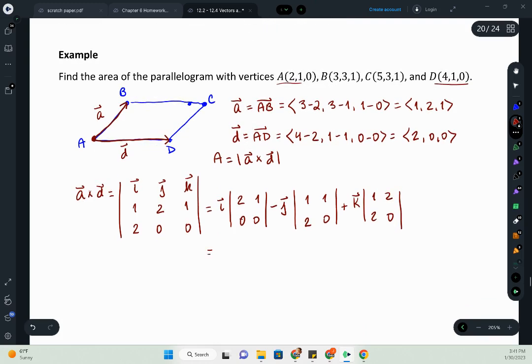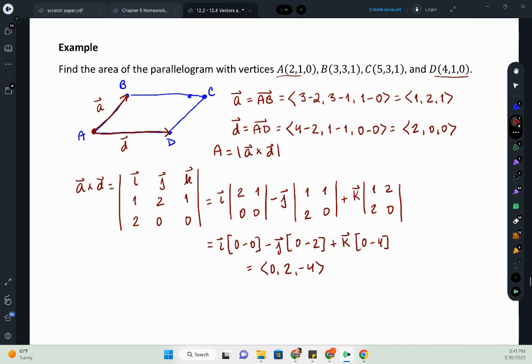So I calculate this. I have my i hat times 0 minus 0. That means I have no i hat. Minus j, and I get 0 minus 2, plus k hat, and I get 0 minus 4. So this simplifies down to a vector with components <0, 2, -4>.